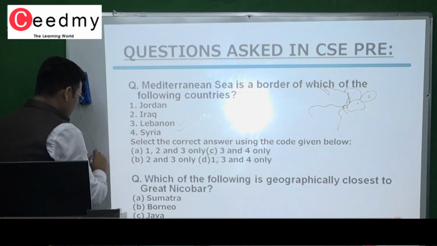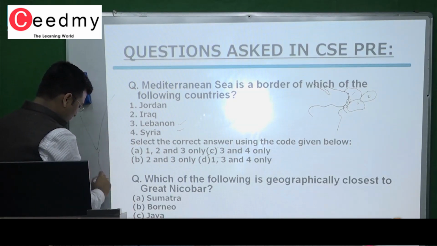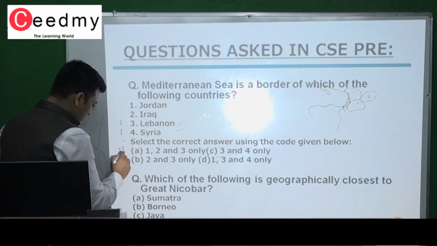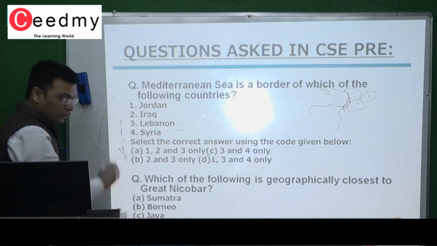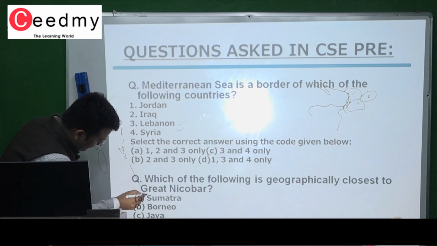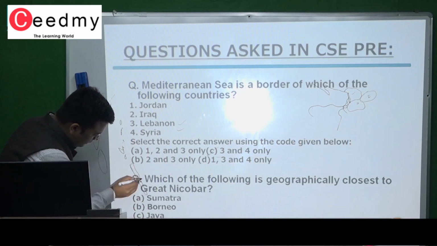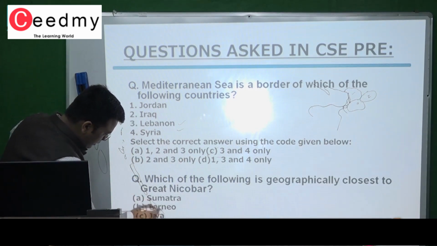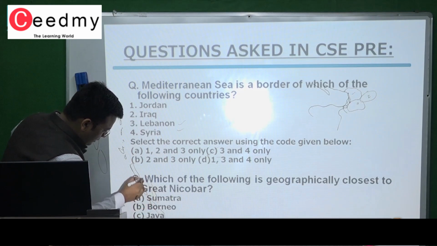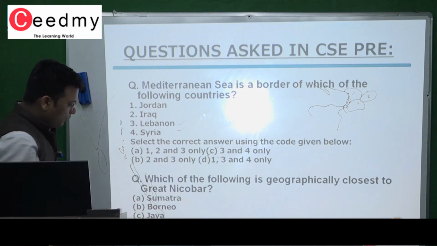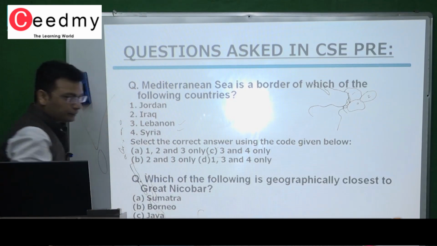This is India, Sri Lanka, this is Nicobar. Here you find the big islands of Sumatra, Java, Singapore is here, and Brunei is somewhere here.